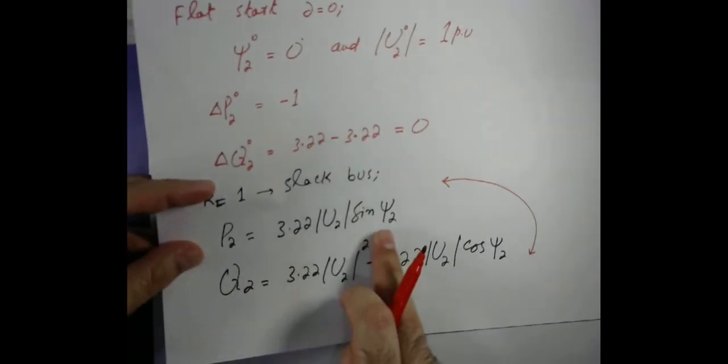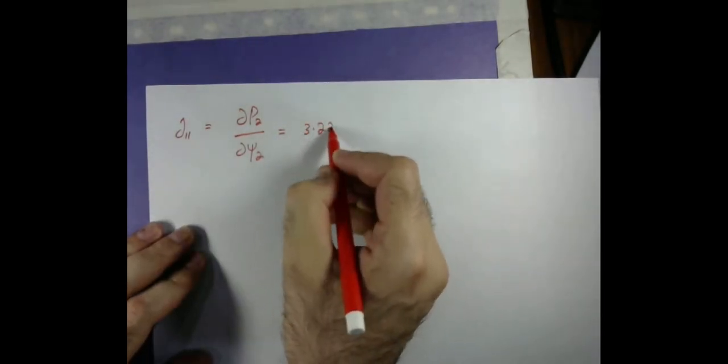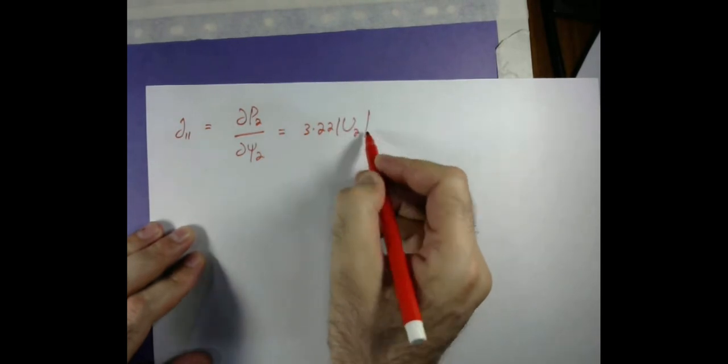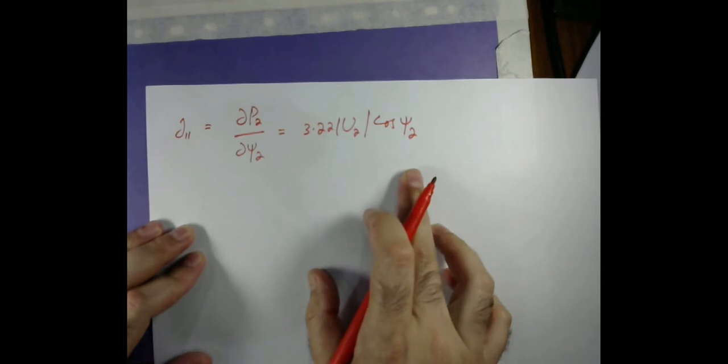Knowing that P2 is equal to 3.22 U2 sine of psi 2, this will become 3.22 U2 again, and cos of psi 2, because the sine term will become cos.